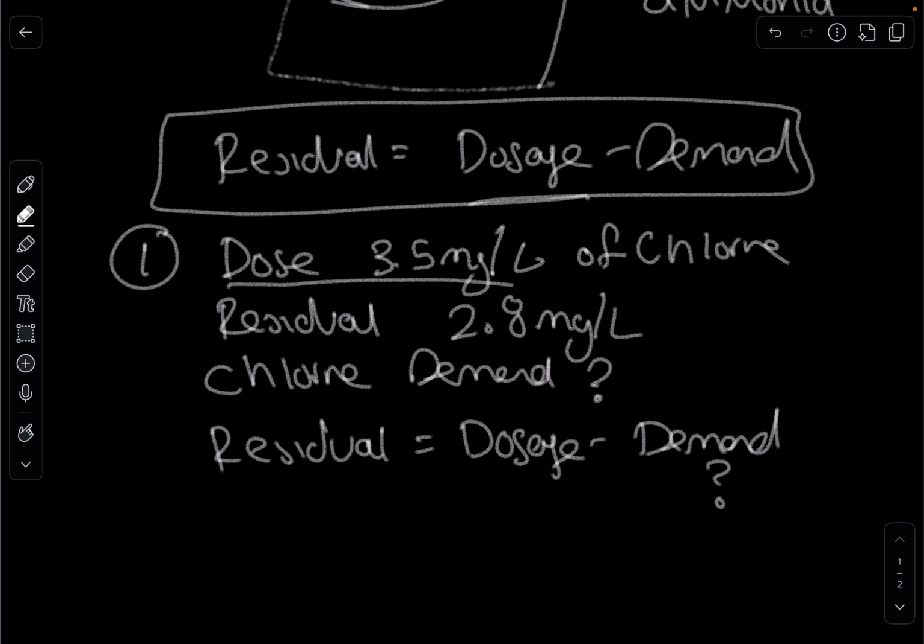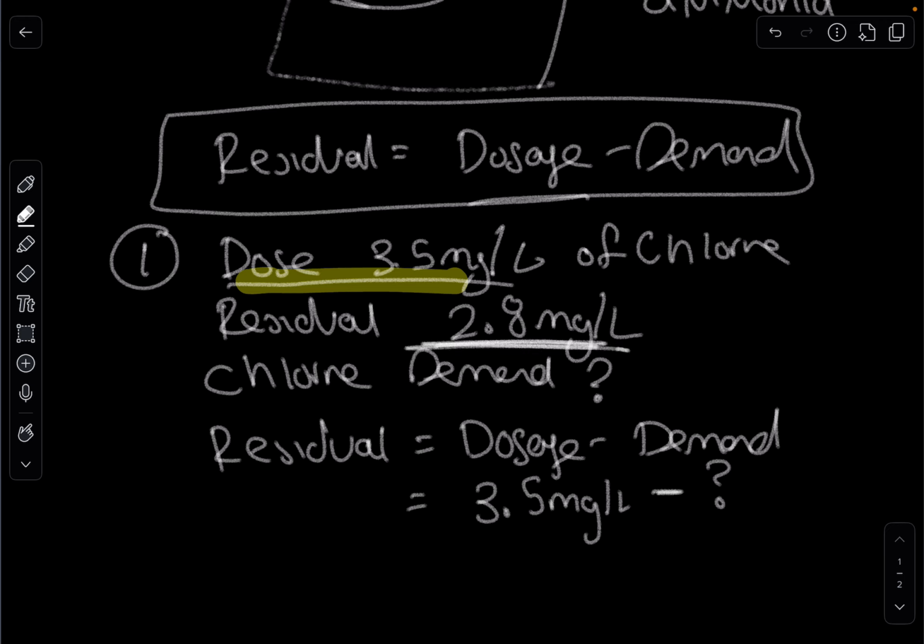We know that the dosage is 3.5, so we'll put that under dosage, which is 3.5 milligrams per liter. And we're looking for this demand, so we have a question mark. And we're given that the residual is 2.8 milligrams per liter.